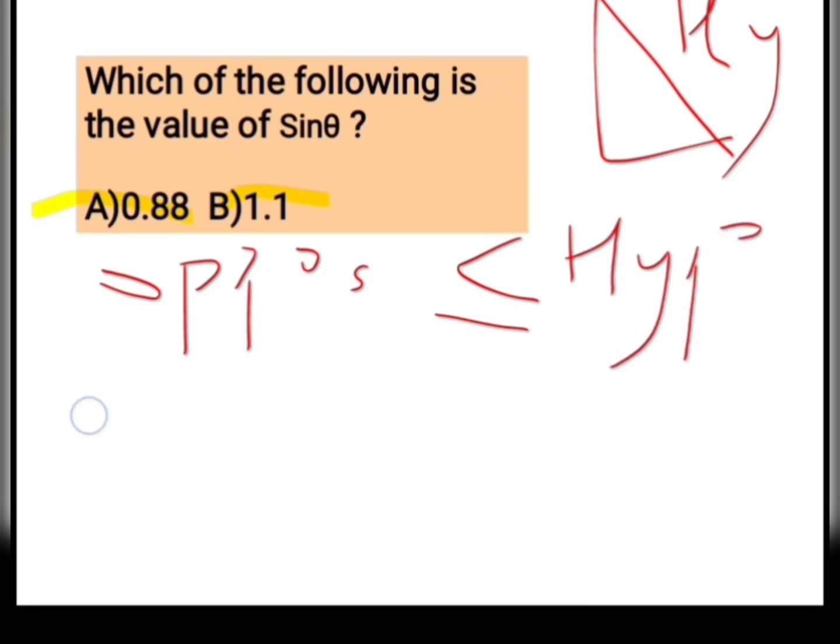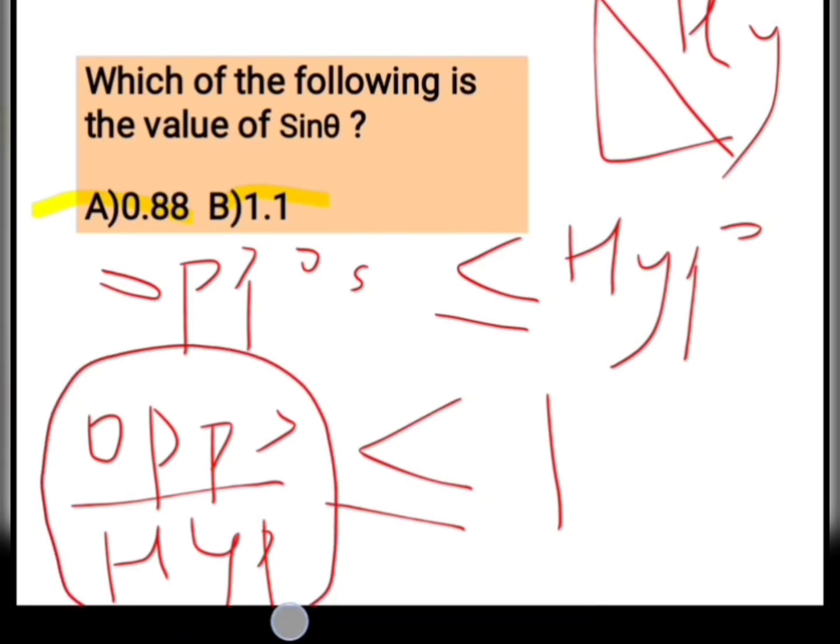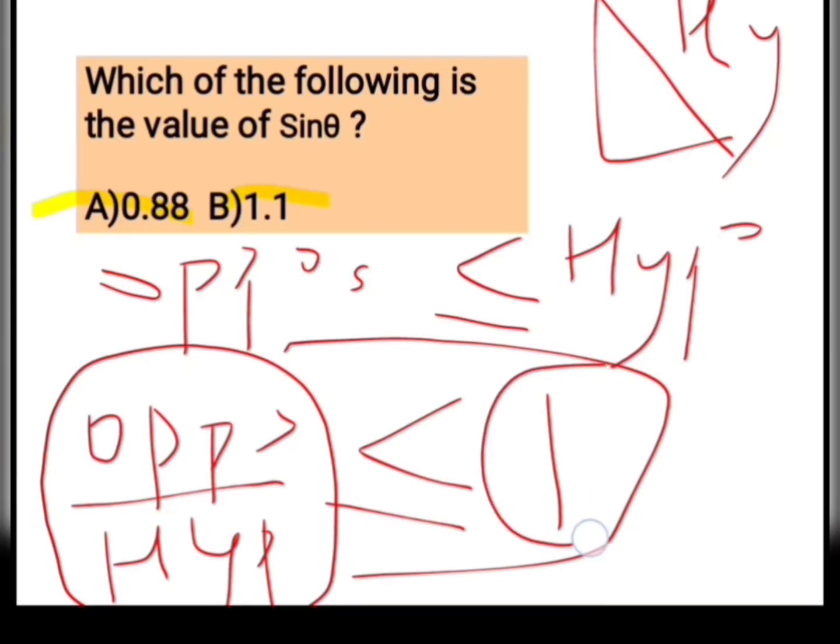When you bring the hypotenuse to the LHS, you will get opposite by hypotenuse is less than or equal to 1. Opposite by hypotenuse is sin theta. That is, sin theta is less than or equal to 1. Sin theta will have the greatest value as 1, not more than that. So 1.1, which is given in the options, is not the value of sin theta. So the answer will be option A.